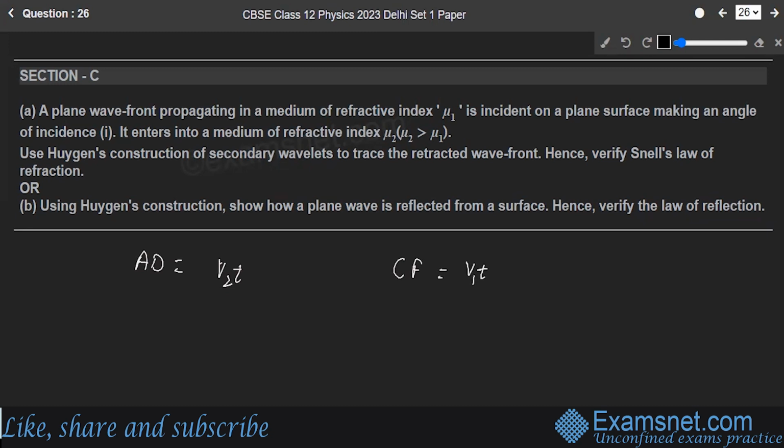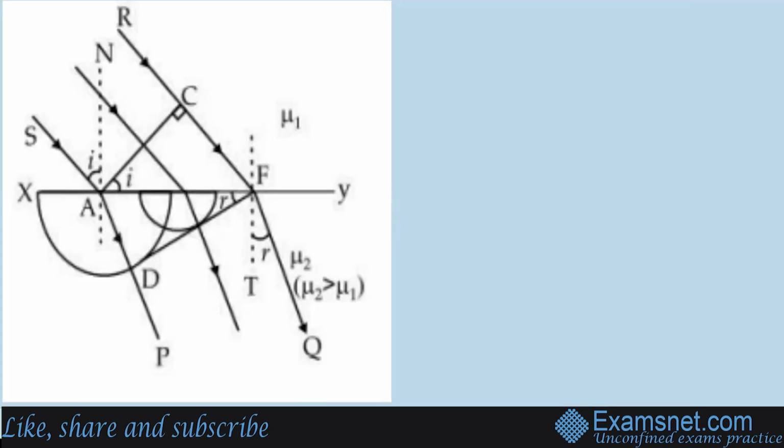So the refracted wavefront DF is obtained by drawing a tangent to the arc having the radius V2t and the center A.